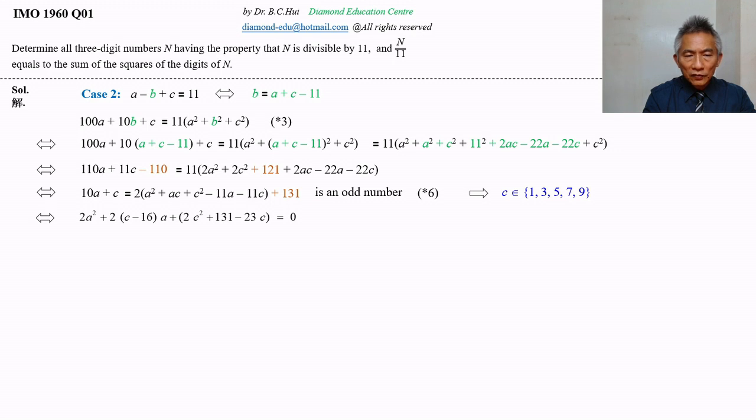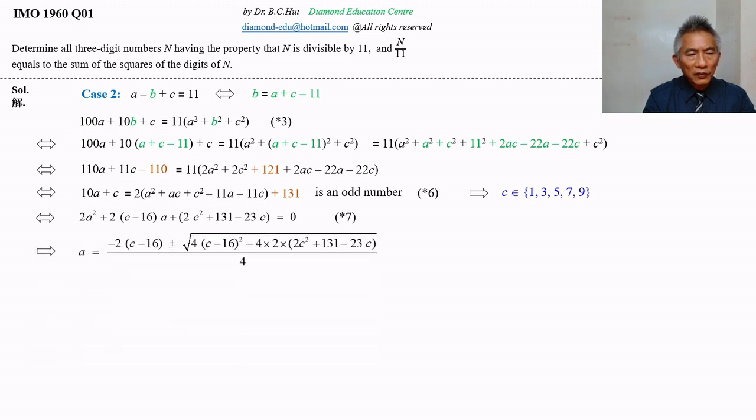Now from the equation, which is equation number 6, we can further simplify and get a quadratic equation in terms of a, which is equation number 7. And then we try to solve it. The color in pink is the discriminant.